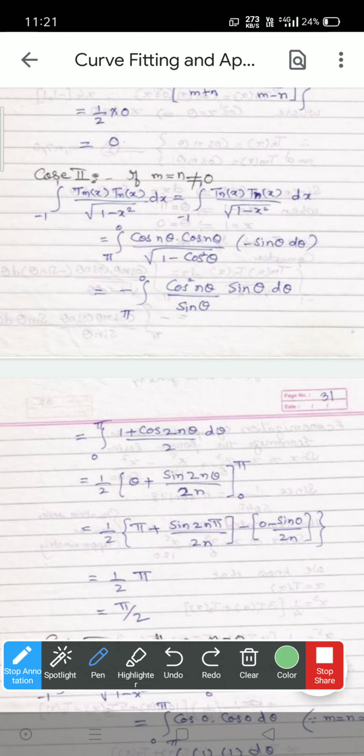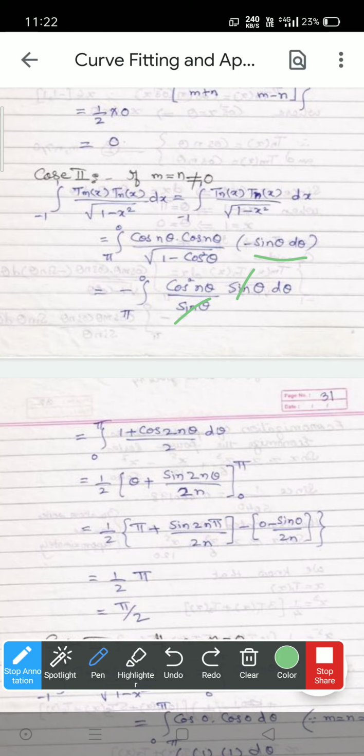So this is minus pi to 0, this minus sign. Cos square n theta divided by sine theta, since square root of 1 minus cos square theta is equal to sine theta, into sine theta d theta. This sine theta cancels. So we are left with cos square n theta.